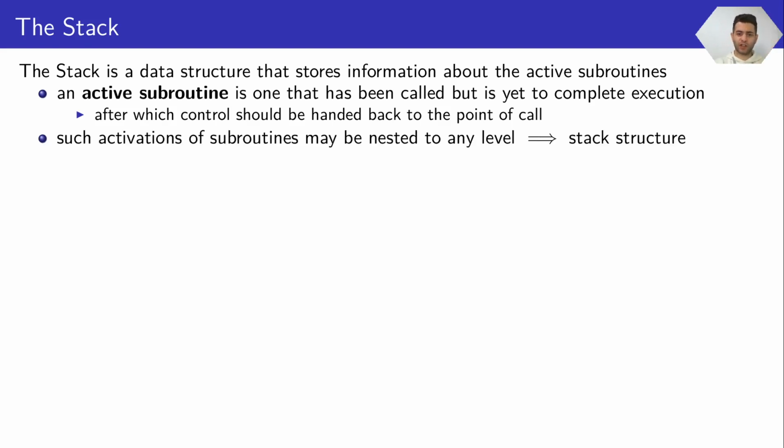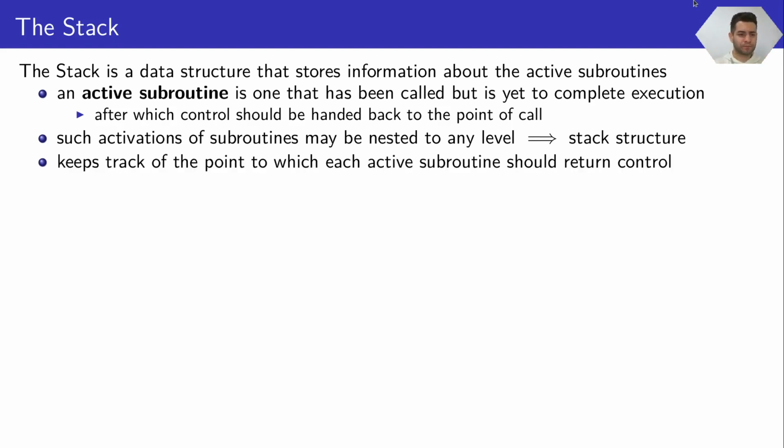Such activations may be nested, so we need a stack structure. We always need to keep track of which is the last function that has been called, the currently active subroutine, that is the routine at the top of the stack. And the stack also must keep track of the point to which each active subroutine should return control.